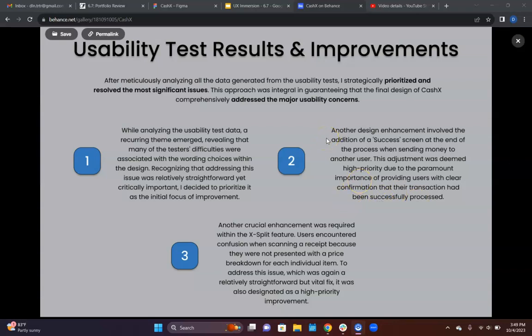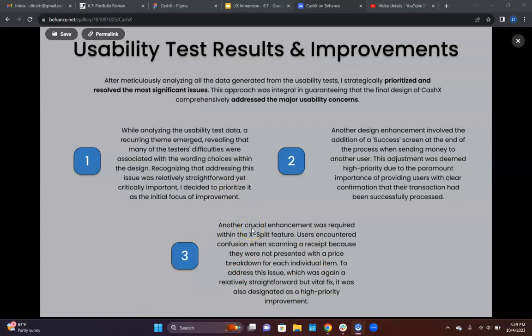Another takeaway was that a few more screens needed to be added throughout the design. For example, we needed to add a success screen at the end of the process of sending money to another user, just to show that the transaction had indeed been processed and was successful.